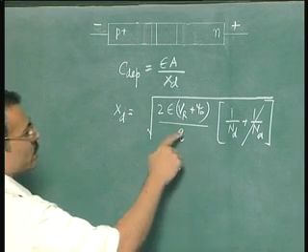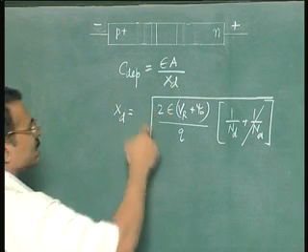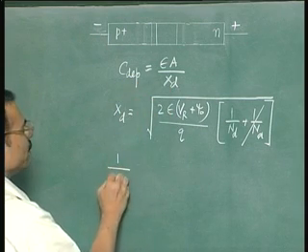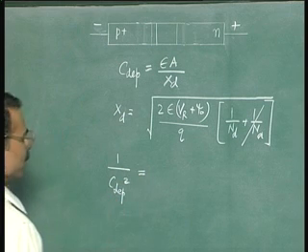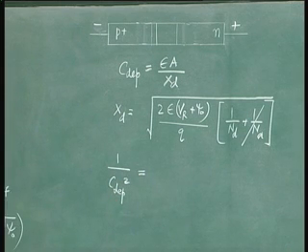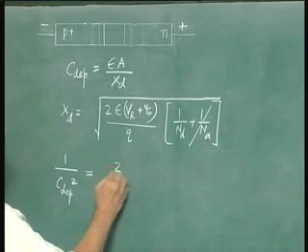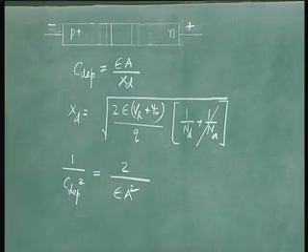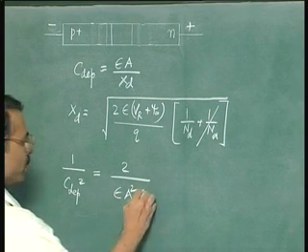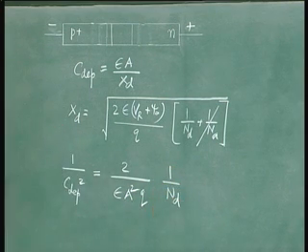And so now for the one-sided junction we can substitute for xd here, and then we can simplify and you can show that 1 by C depletion square can be written as 2 by epsilon A square Q times 1 by Nd, multiplied by Vr plus psi naught.